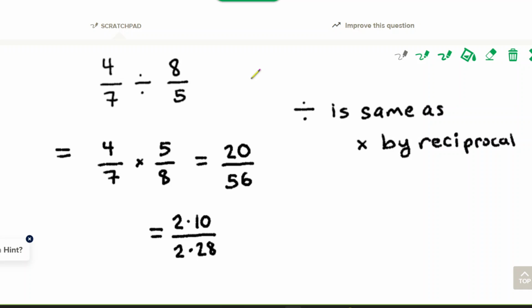And then I can cancel the 2's. If the numerator and denominator of an expression have a common factor, they divide out to be 1. 2 divided by 2 is 1. So now I'm left with 10 28ths.